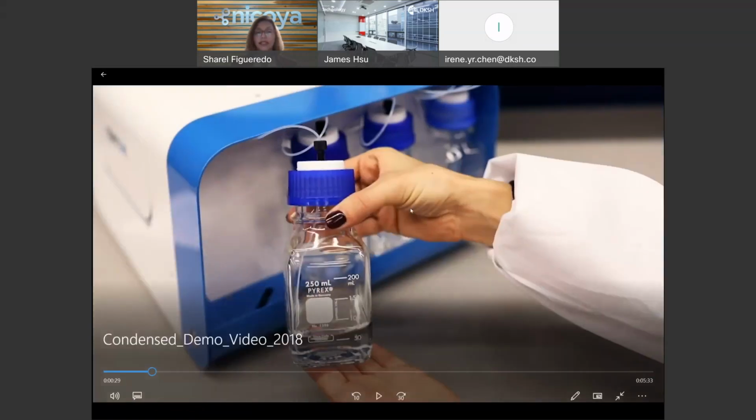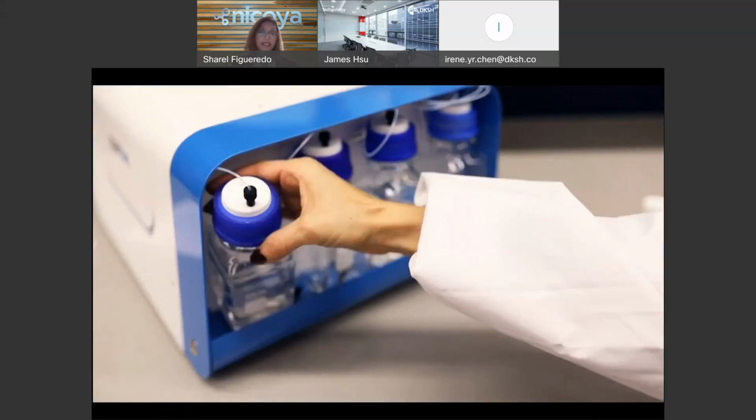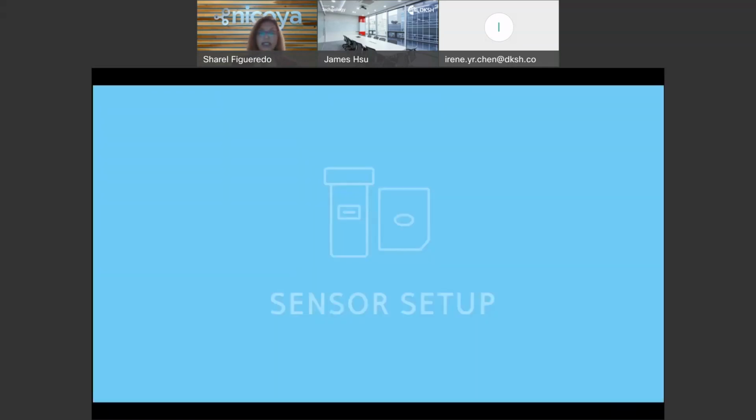As you can see here, this is on the side of the instrument. We have 4 reagent bottles. One is usually DI water for the rinsing. Then you have choices for your buffers for various parts of the experiment. These are placed inside the instrument, and now we're ready to set up the sensor.